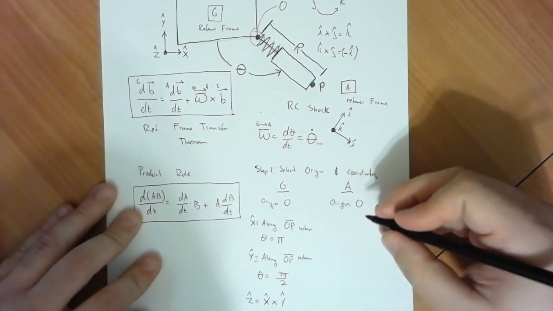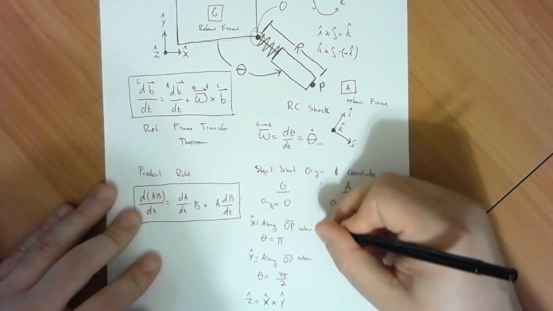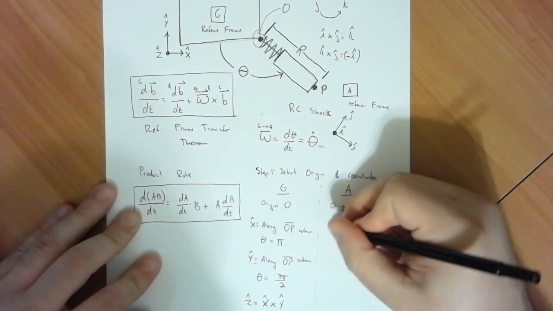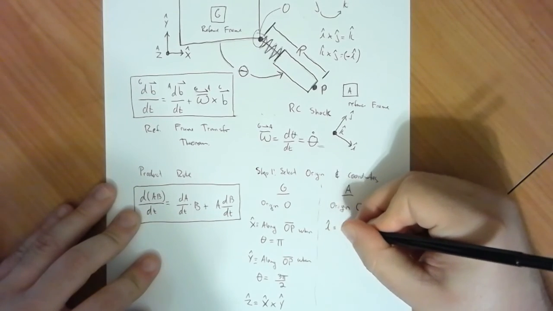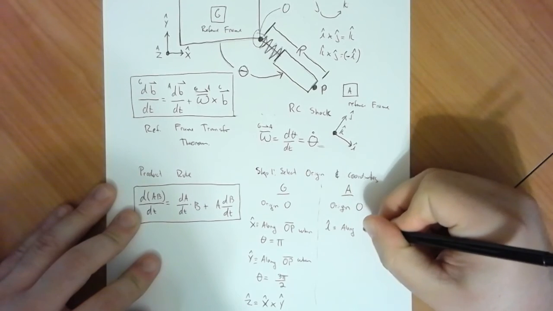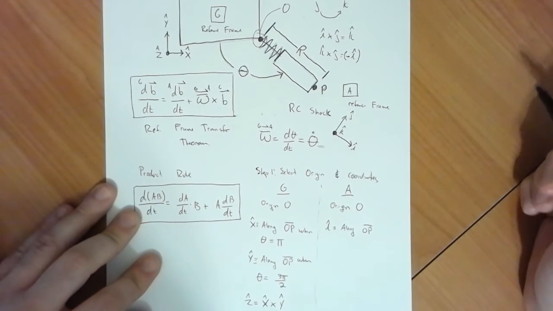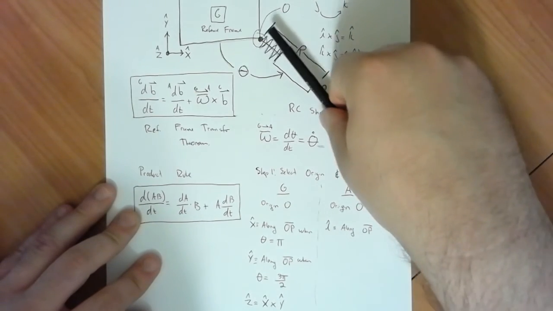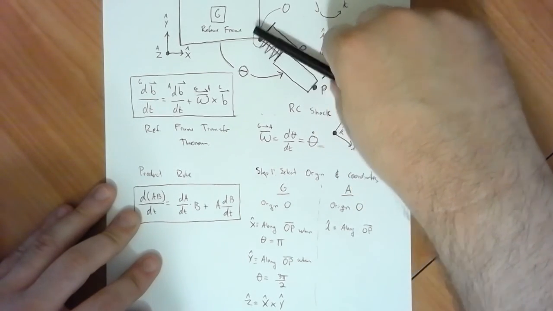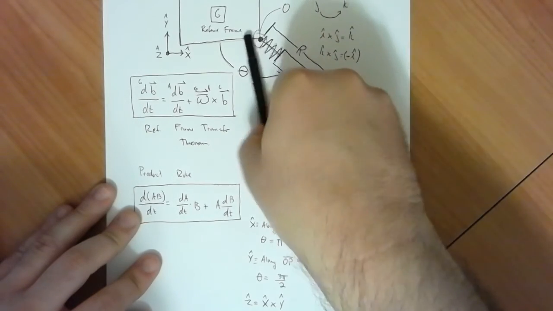I need to figure out what directions those are. For reference frame A, i hat is always going to be along OP. And this is kind of a trick, in that OP is right here, but OP is going to rotate as theta rotates.